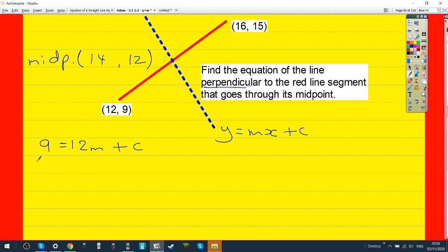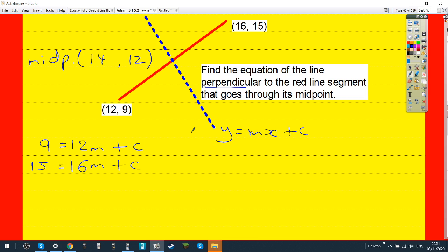So the other one would be 15 equals 16m plus c. Mm-hmm. And then do we minus c on both sides? That's long, man. Calculator.